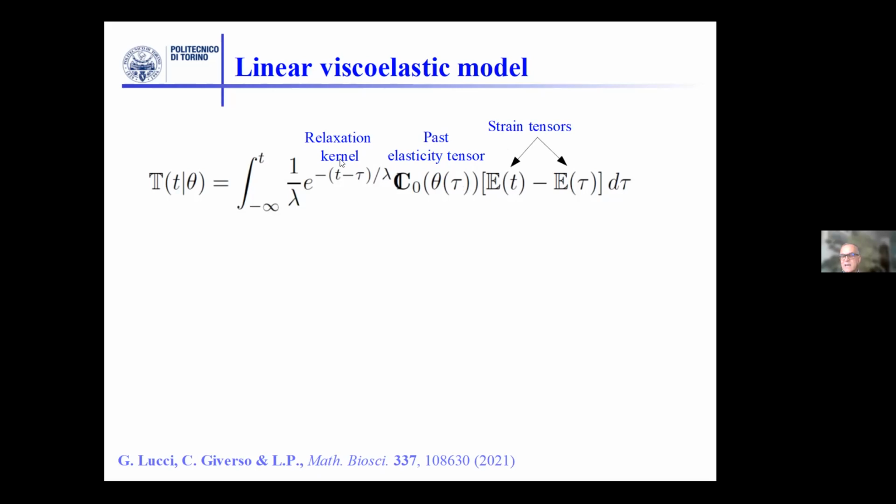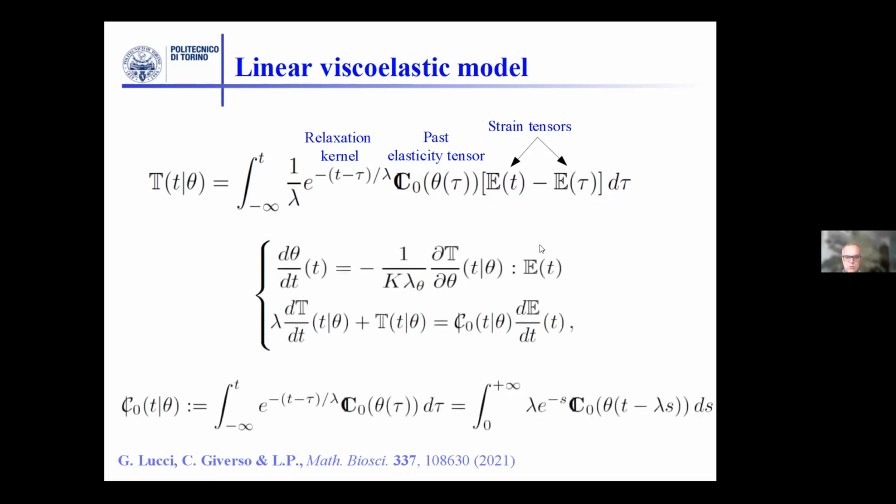Now, if you take this relaxation kernel to be an exponential, then you can rewrite this constitutive equation in differential form, which is probably more familiar to most of you.